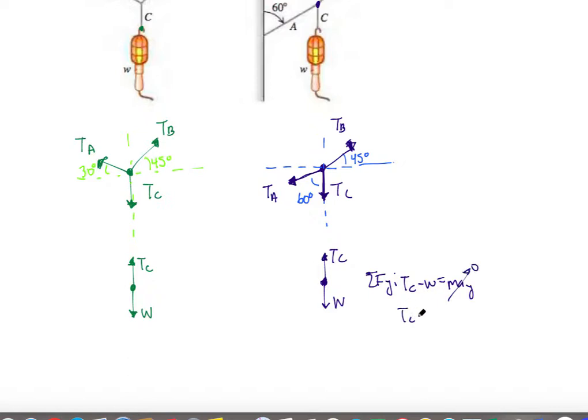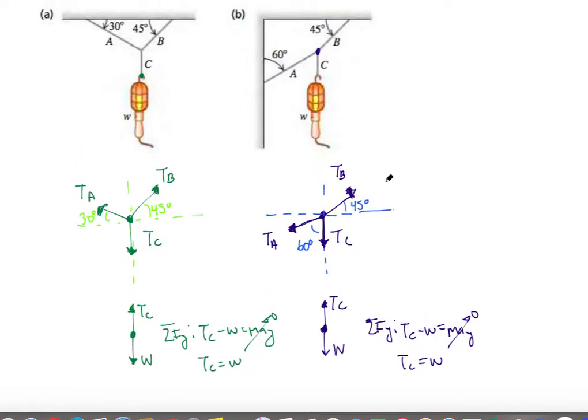So I can just say that tension C is equal to W. I can do the same thing for the other drawing. In the y direction, tension C minus W equals MAY, which is 0, so tension C is equal to W.